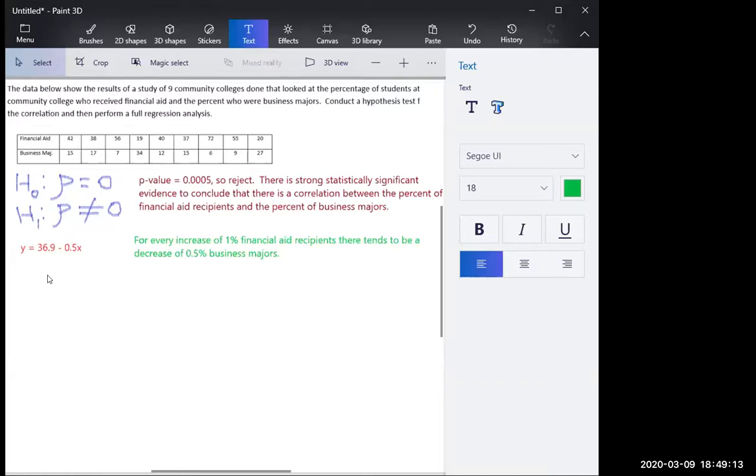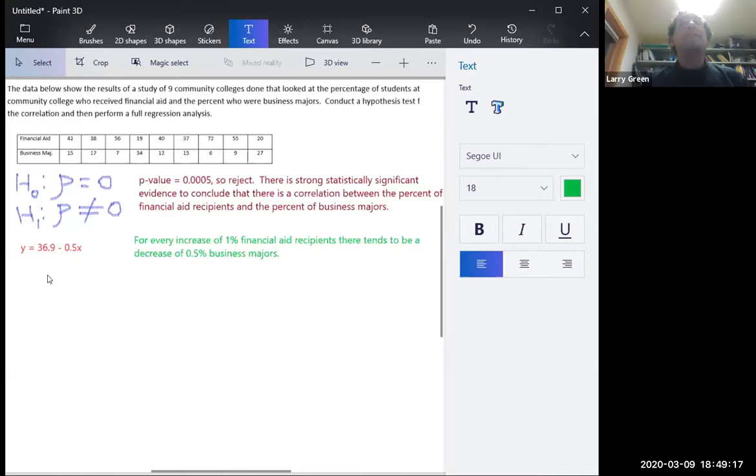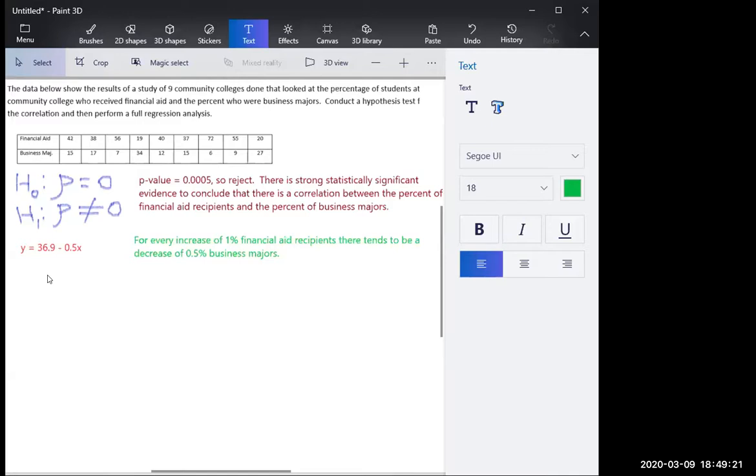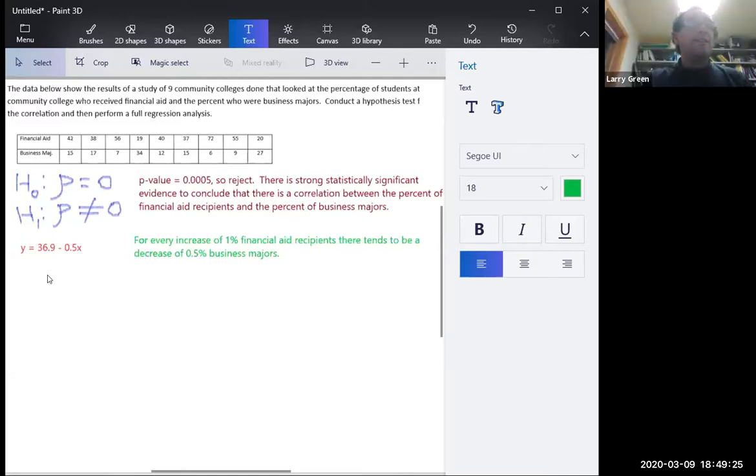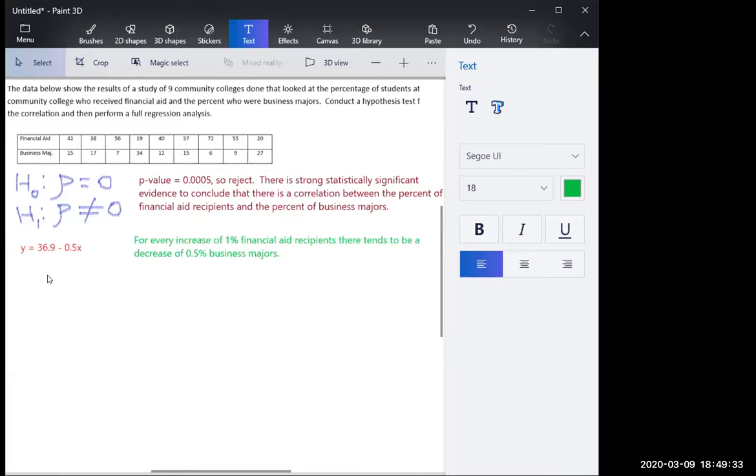Because you can't have 36.9 people. But there's nothing wrong with saying 36.9% of a college is business majors. Does that make sense? So that's not a problem at all.